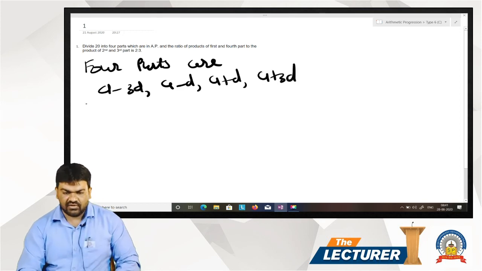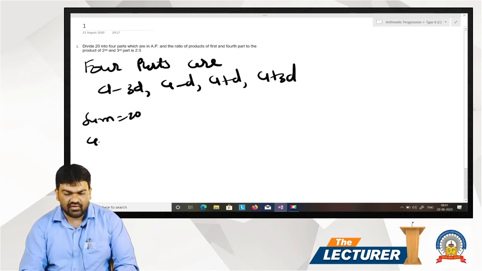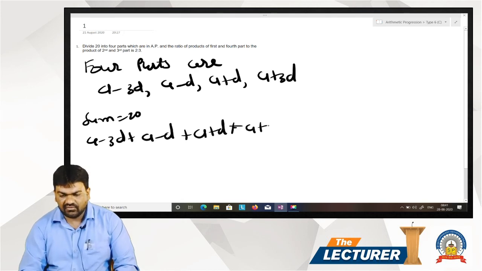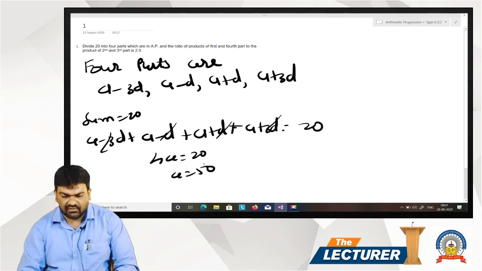The sum is 20. So a minus 3d plus a minus d plus a plus d plus a plus 3d is equal to 20. 3d and minus 3d cancel, d and minus d cancel, 4a is equal to 20. So a is equal to 5.